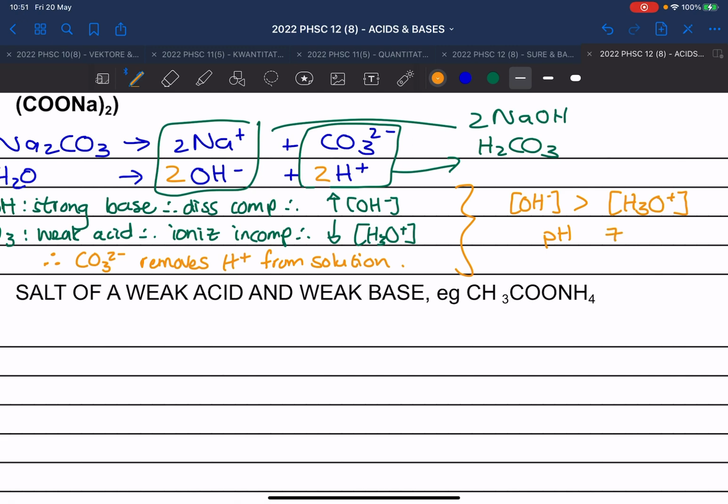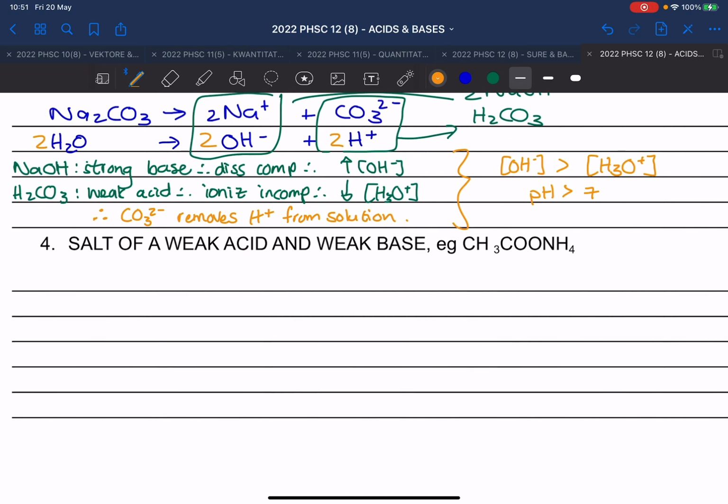Lower or greater than 7? The first one. What's the first word? Yes, right. It's greater than 7. Yes. Because it is a base. When it was facing like this, it was lower because acid.